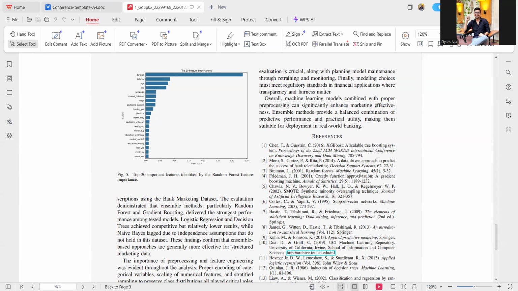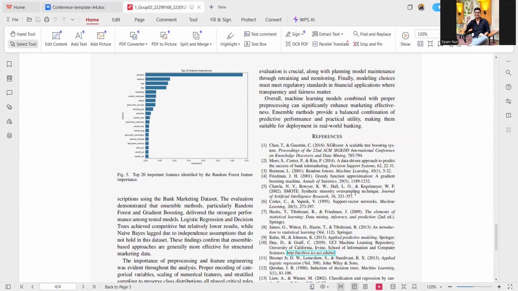Finally, the application of explainable AI techniques would not only improve model transparency but also help in gaining regulatory approval and ensuring customer trust in automated marketing systems.